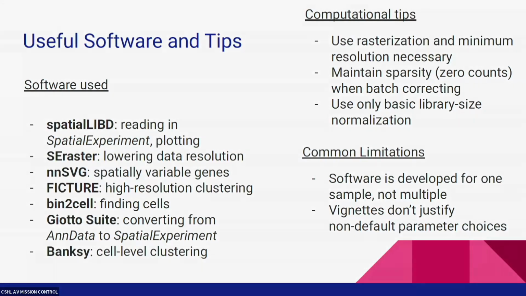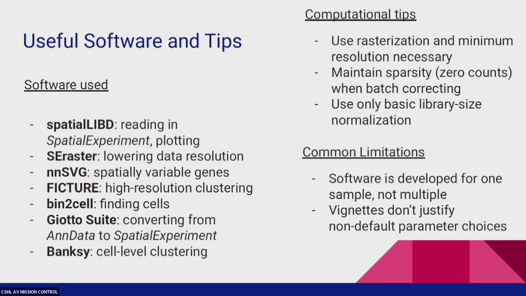And in summary, I talked about a bunch of different tools. spatialLIBD for reading in data and plotting, SEraster for lowering the resolution when you don't really need the full 2-micron scale data, and nnSVG for finding spatially variable genes, Fixture for the very high resolution clustering on the original scale of the data, bin to cell for finding cells, and Giotto Suite actually does a huge number of things that I didn't cover, but I covered how to convert between Python and R objects, essentially, and Bioconductor objects.